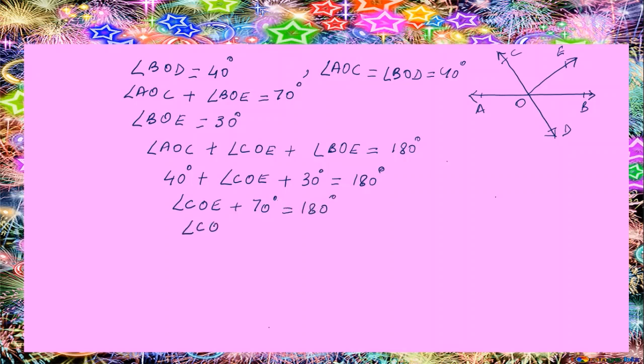So angle COE equals 180 degrees minus 70 degrees, so it is 110 degrees. But we want to find the reflex of angle COE. So reflex of COE is 360 degrees minus 110 degrees.